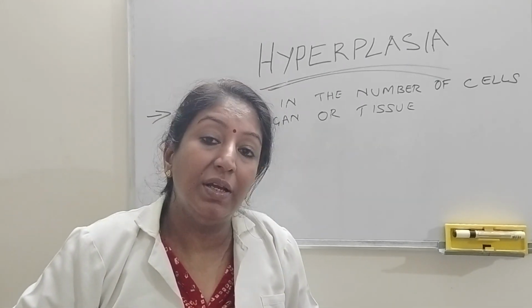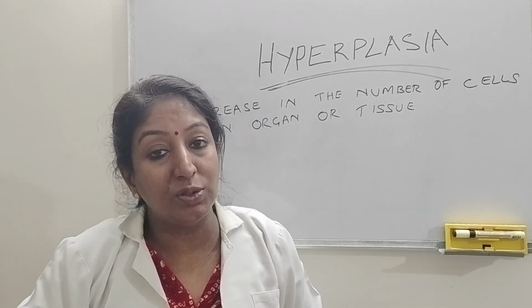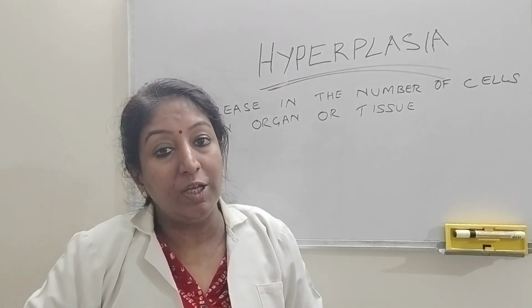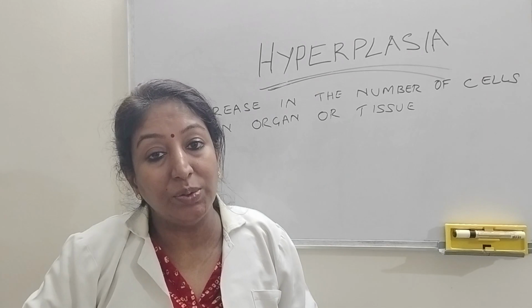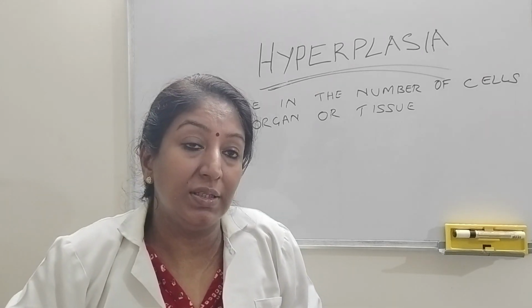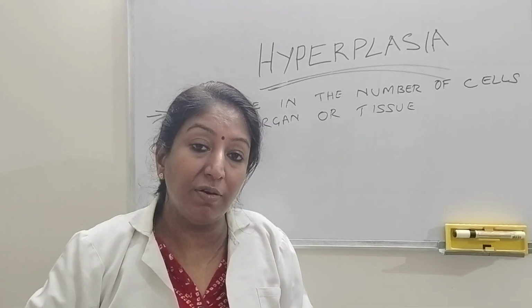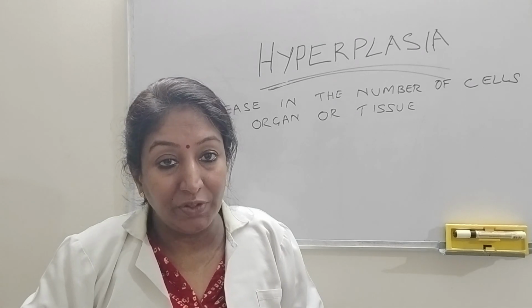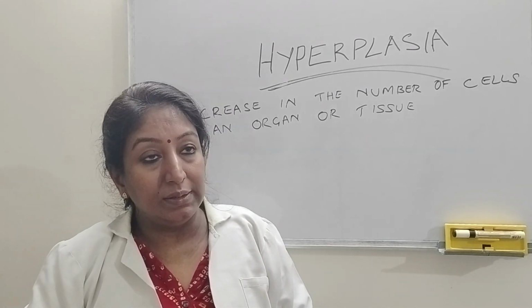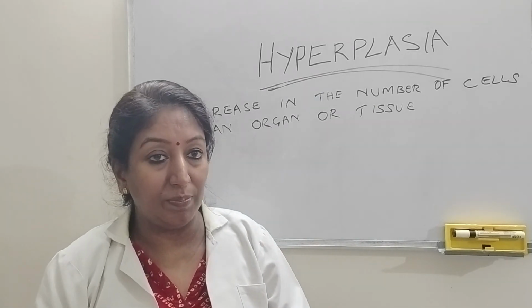Pathological can be due to cell proliferation in the prostate gland, which leads to benign prostatic hyperplasia. This increase in the number of cells can be due to hormonal changes, chronic irritation, or increased functional demand of the body. So just revise the points of hyperplasia.